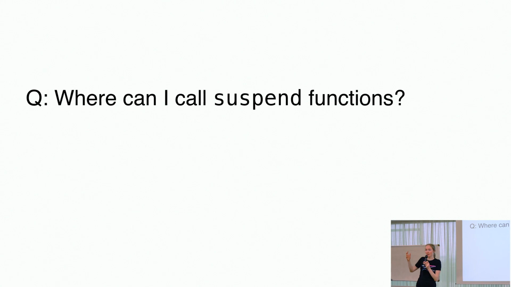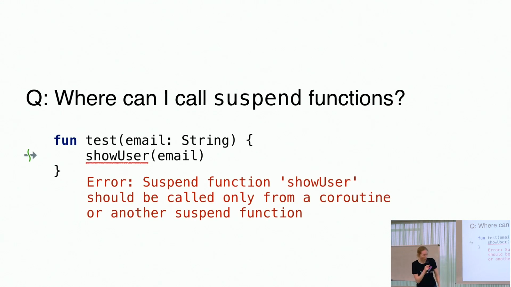A suspend function is something that somehow can be suspended. We'll discuss details very soon. But so far, is it possible to call a suspend function everywhere? No. A suspend function is a special function that can be called only from a coroutine or another suspend function.